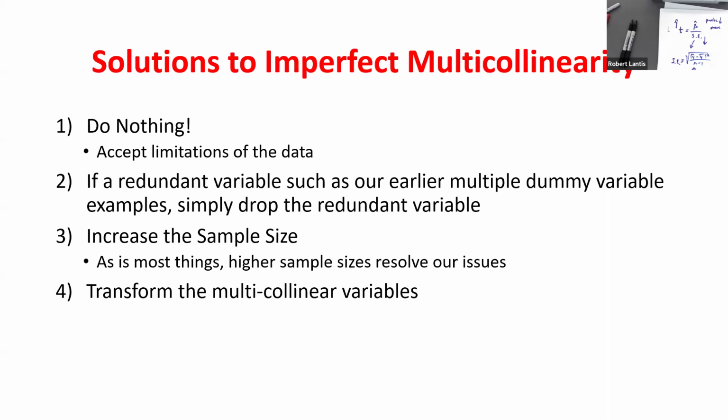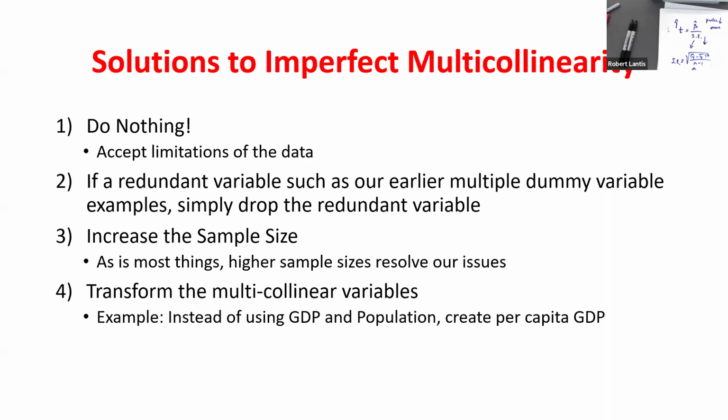As with most things, if I can just get more data, usually a lot of our issues are going to be resolved. Now, what I can also do, which allows me to use both variables, as long as I'm not super concerned with evaluating both but I want some good measure of how they're both impacting my y variable, is create a new variable that is usually some ratio of the two.